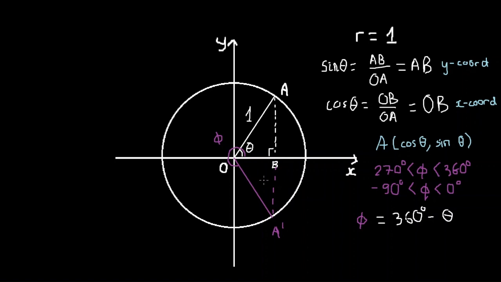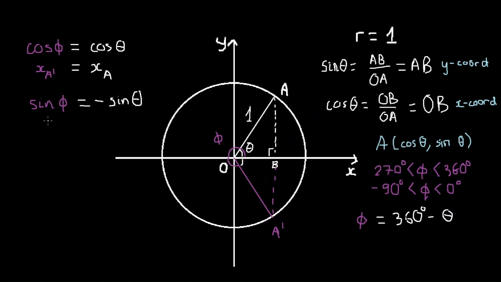Again, we have two congruent triangles, so this angle is also equal in magnitude to theta. Cos of phi is now equal to cos of theta, because the points A dash and A have the same x coordinates. But now, sine of phi is the negative of sine theta, because as you may have guessed, the y coordinate of A dash is now the negative of A's y coordinate.